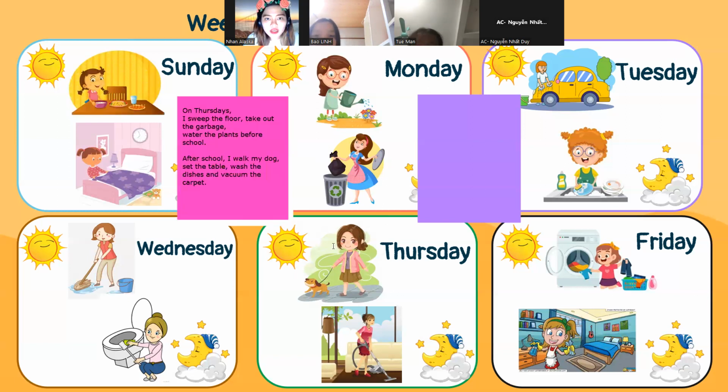Okay, let's hear it with Baoling. Baoling, how about you? What day of the week will you choose? On Mondays, I take out the garbage. We are using the pronoun I, so that's why we don't add s.